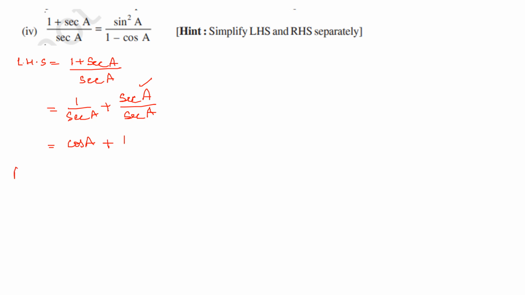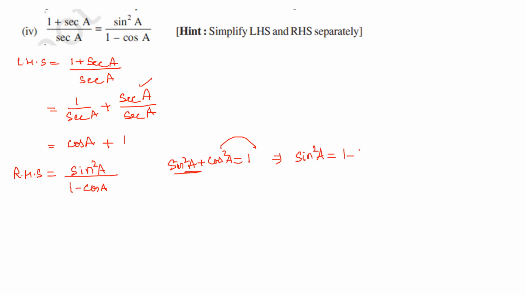Now let's take the RHS. RHS is sin² A by 1 minus cos A. Now we have the identity sin² A plus cos² A is equal to 1. So sin² A, if you have to find, you have to transpose this cos² A to the other side. So sin² A will become 1 minus cos² A, isn't it? So in place of sin² A, I am writing (1 − cos² A) divided by (1 − cos A).